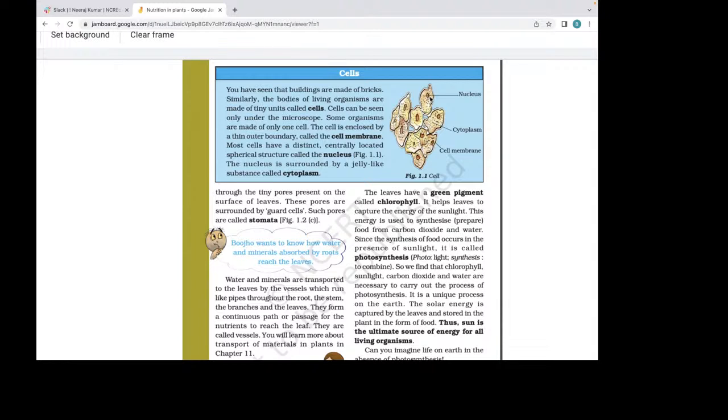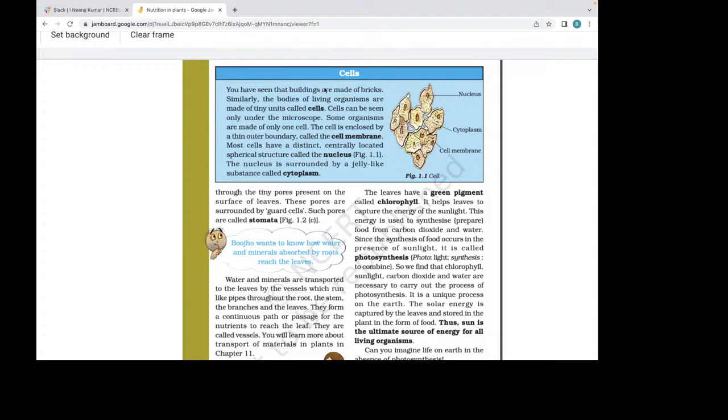You can see the nucleus here. The nucleus is surrounded by a jelly-like, fluid substance called cytoplasm. So we have learned a little about cells.